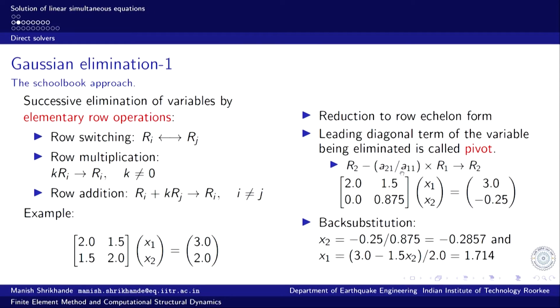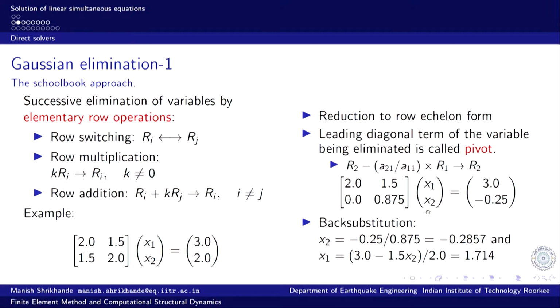So, if the system of equations was so arranged that A11, the pivot element for the variable that is being eliminated, is very small compared to the other coefficients, then the chances are that this elimination process will incur a very high round off error, and that will propagate through the solution, because once an error is introduced, that error is carried through the entire process.